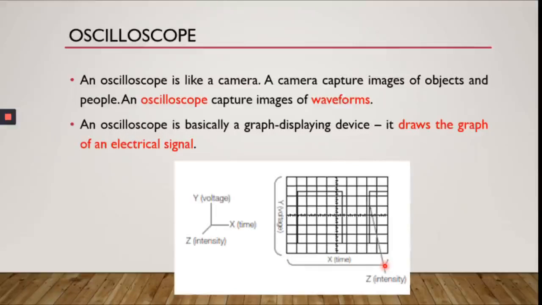This one will represent time. And then we have the vertical axis, which is the y-axis. This one will represent the voltage. And then we also have the z-axis. The z-axis we cannot see because it's two-dimensional, but it will be represented in the form of intensity. Intensity means how bright the signal will be.